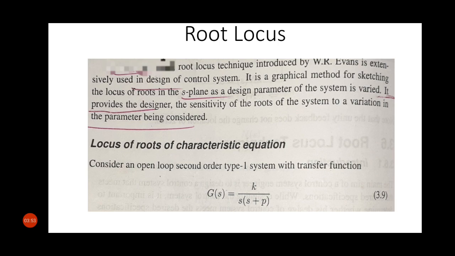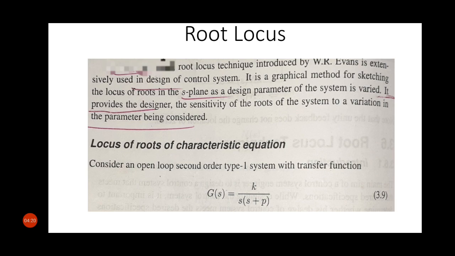Once the locus is obtained, one can select the poles on the root locus which meet the desired specification and then obtain the corresponding adjustable design parameter. That is, by adjusting the location of closed loop poles, one can obtain the desired specification.